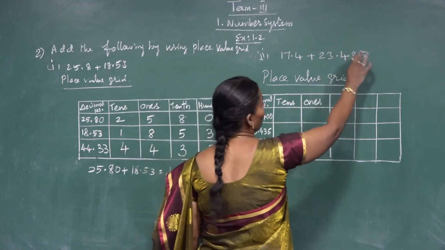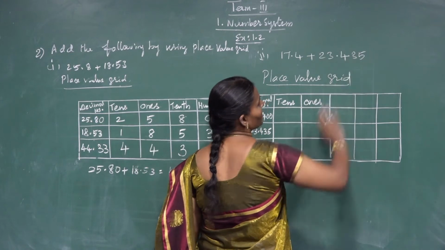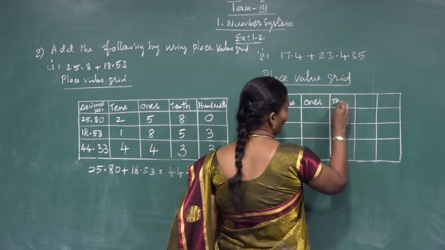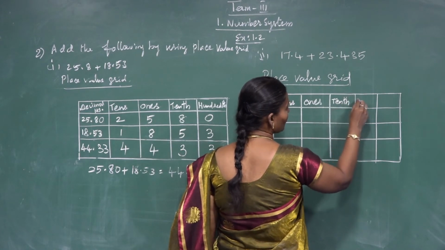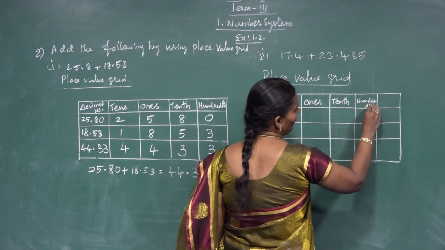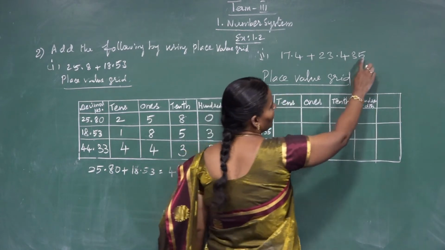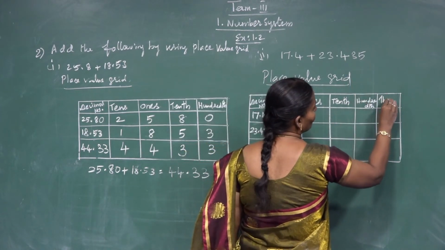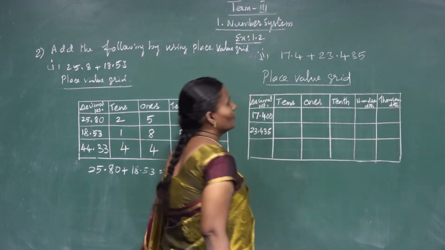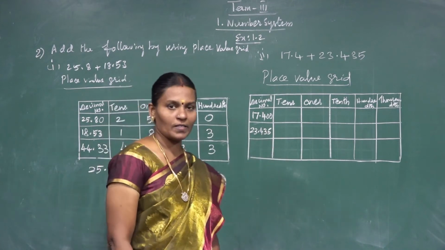Okay. In decimal point there are 3 places, maximum 3 places. The first one is tenth. The next one is hundredth. The third one is thousandth. Okay. So totally 3 decimal places.